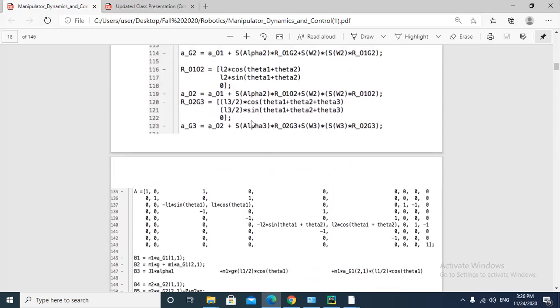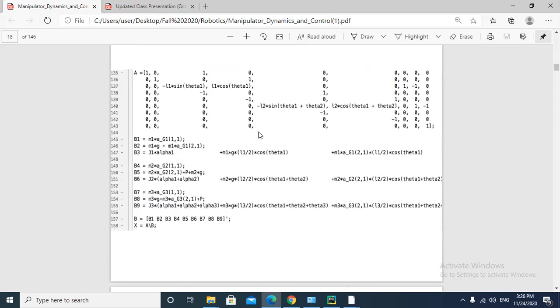Once you have the accelerations, obviously you would need to do that on paper, just like what we did last time. You put it in matrix format on paper, right? Once you have your equations, we can put them in matrix form. So this is my matrix A, and matrix B will have the accelerations. Instead of doing that by hand, now I can do this part in Matlab.